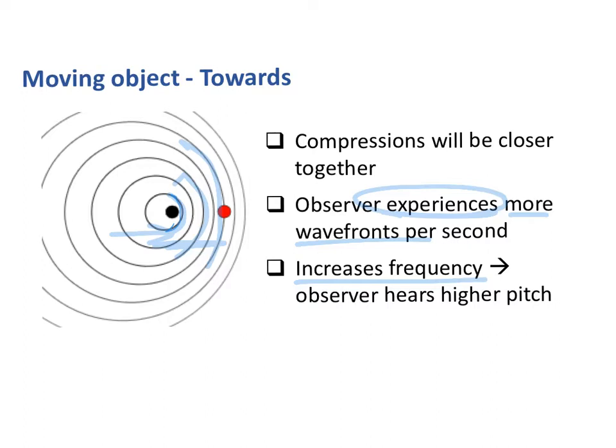And remember, for us as humans, when we hear sound, our eardrums are vibrating. The frequency at which they vibrate is the sound we hear. So if we're experiencing more wavefronts per second, we're going to hear a higher frequency.